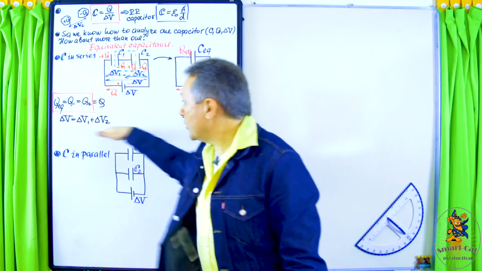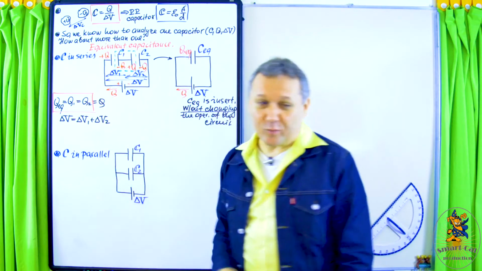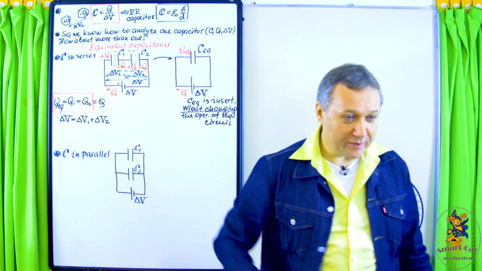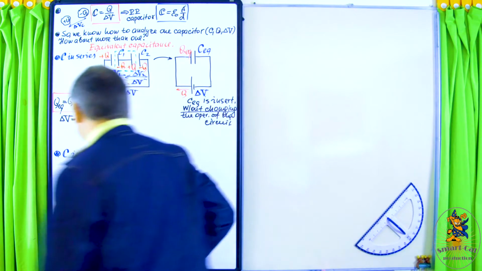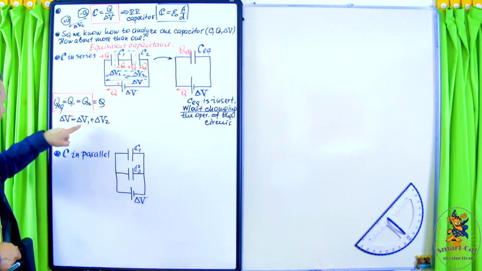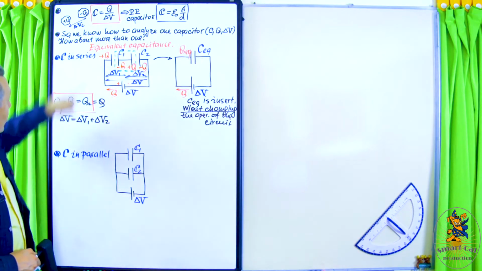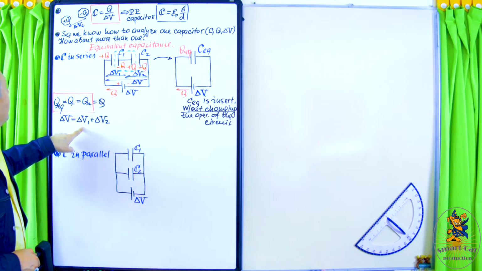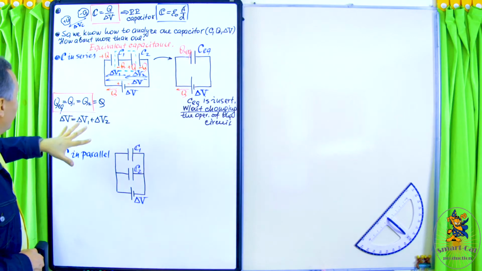And in this case, actually, we are getting an equation which is very important. So now we can use this equation to derive the formula which we need. We want to get the formula for the equivalent capacitor. So now let's write it in terms of charge and capacitance, because eventually we will have to get the formula for the capacitance, right?